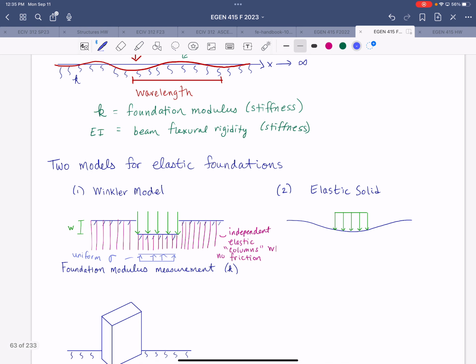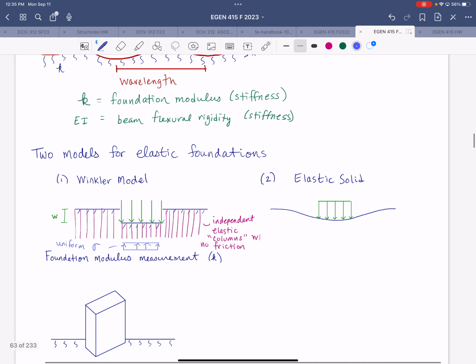On the other hand, with the elastic solid, you would have a non-uniform stress distribution. This represents continuity within the foundation rather than these independent elastic columns. Your stress distribution would be high on the outer edges, and theoretically it would go to infinity. And then it would do something like this.